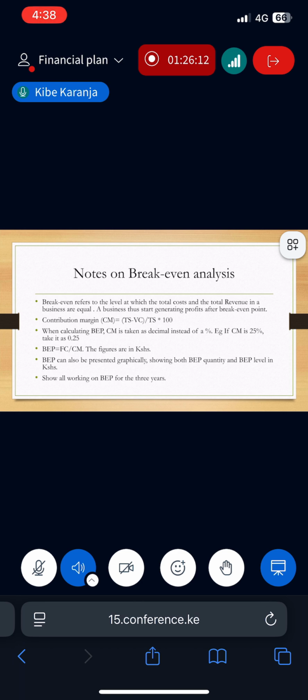You show all the working for year one, year two, year three. So you take the respective fixed costs, divide by the respective contribution margin. It is as simple as that.